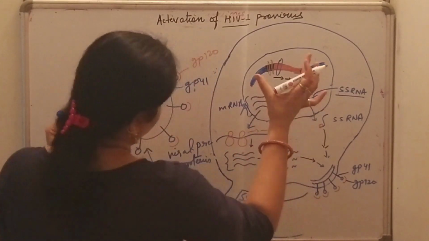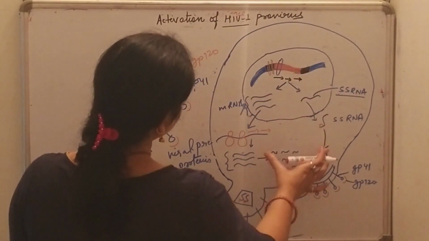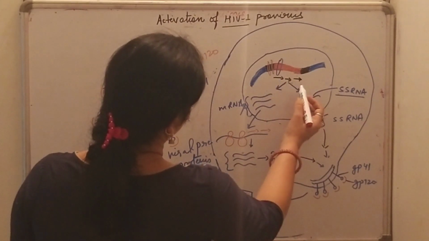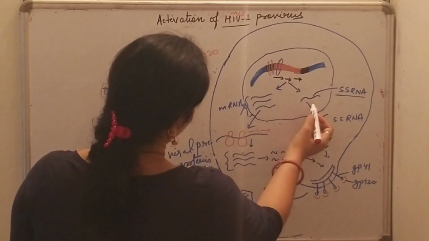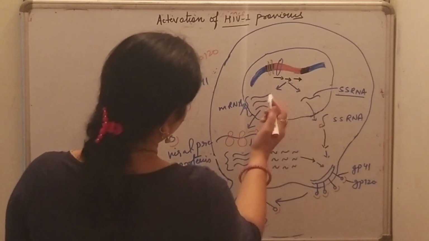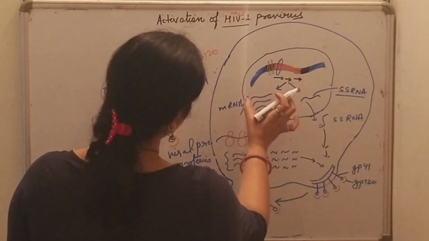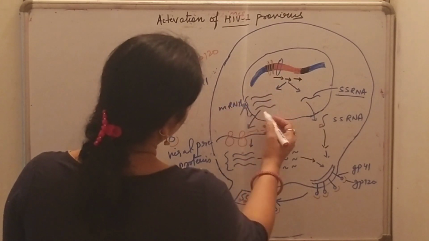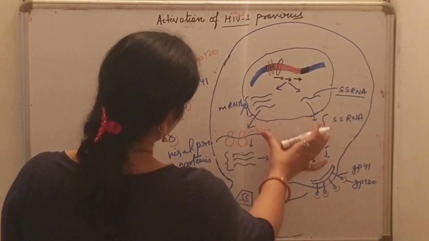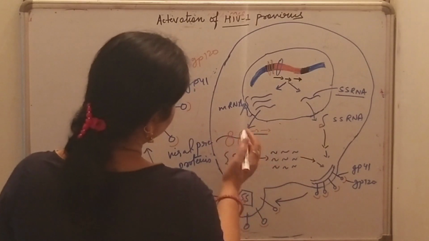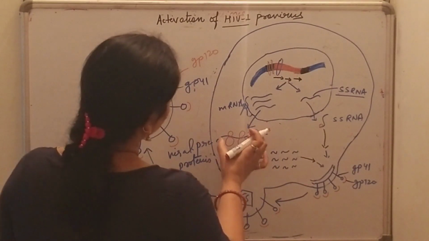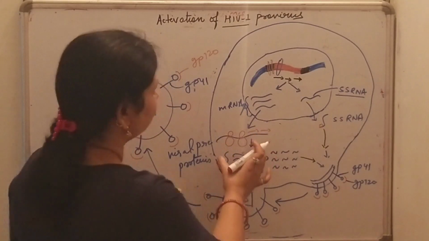Now again I am reviewing these points. First of all, transcription factors stimulate the transcription of proviral DNA into single stranded RNA, and after processing, several mRNAs are formed. After that these viral RNAs are transported into the cytoplasm, and here, with the help of host cell ribosomes, these mRNAs are responsible for the formation of precursor proteins.